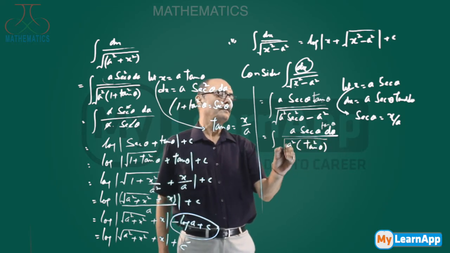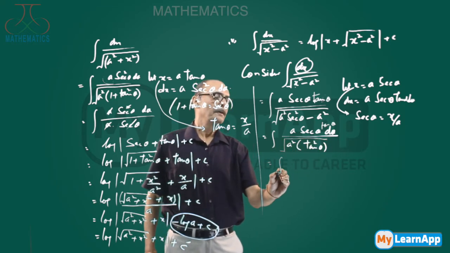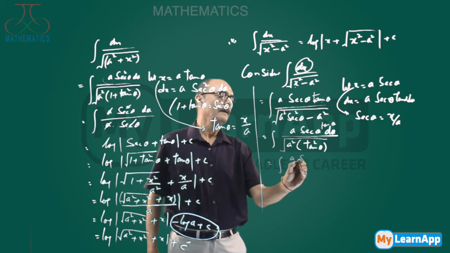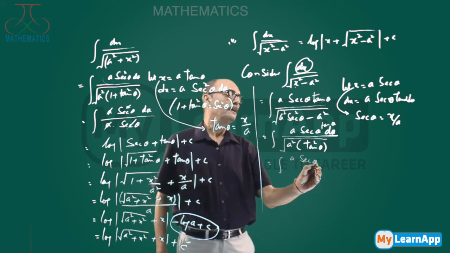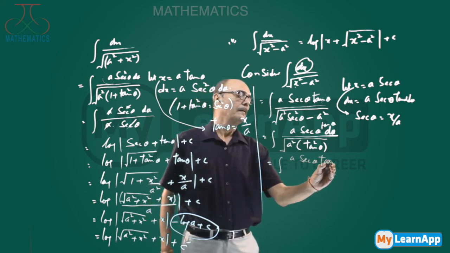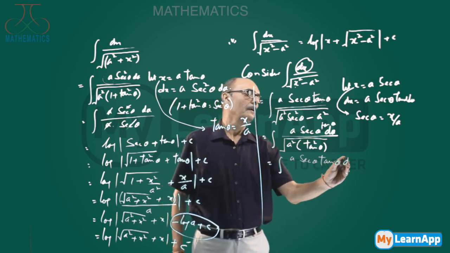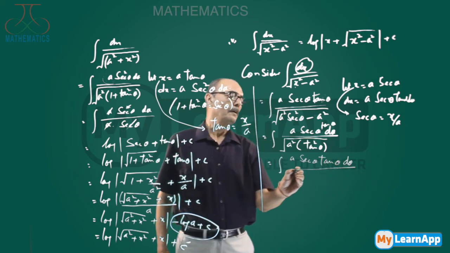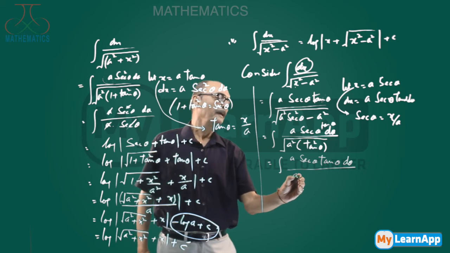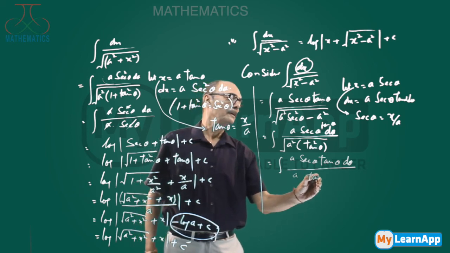And square root of this. This is integral a secant theta tan of theta d theta upon a tan of theta.